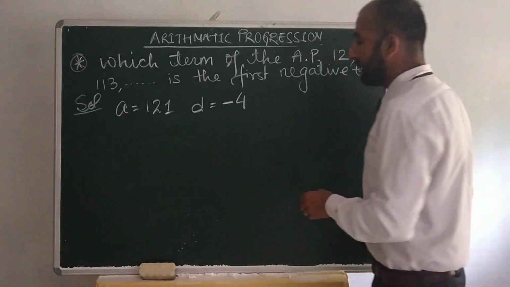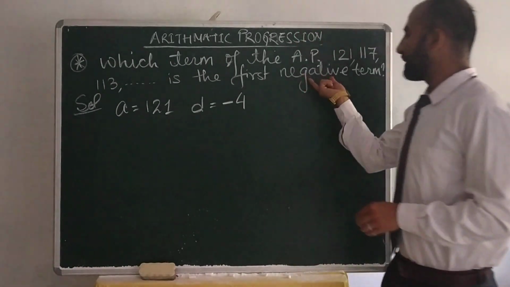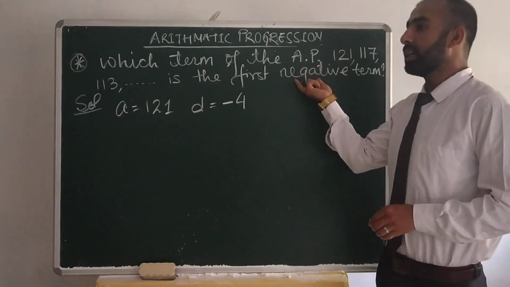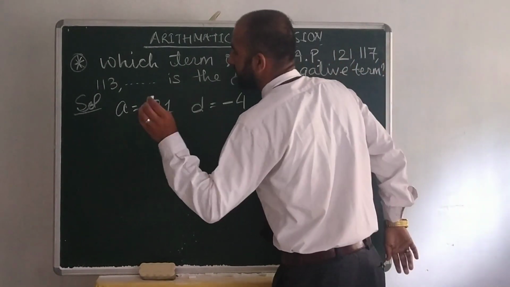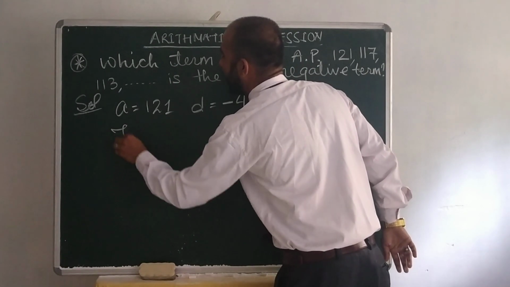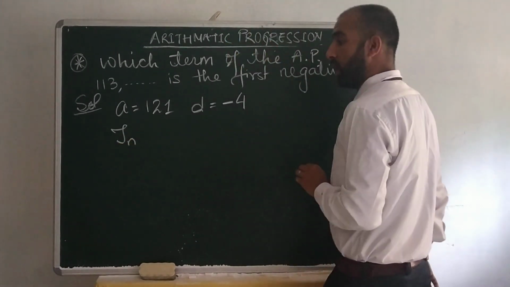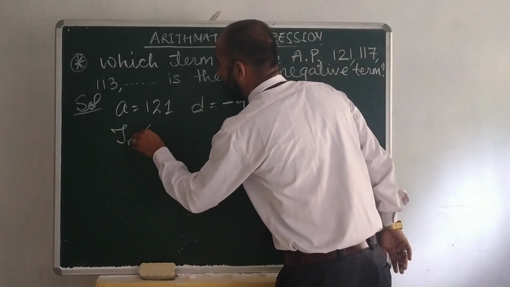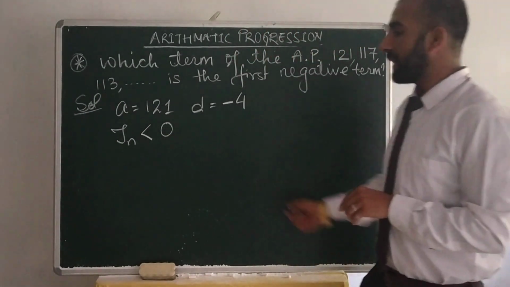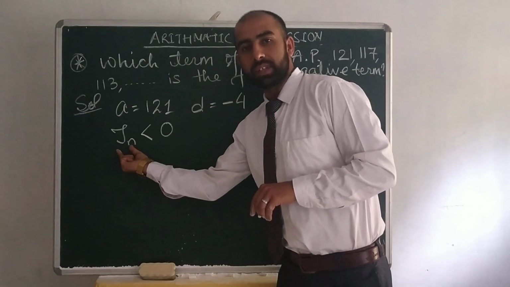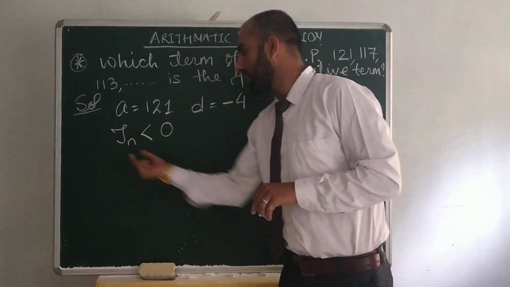Okay, so let's see. We know that a negative term means it is less than 0. So let's suppose Tn is the first negative term. So I'm putting less than 0. Why less than 0? Because this is a negative term, which is always less than 0.